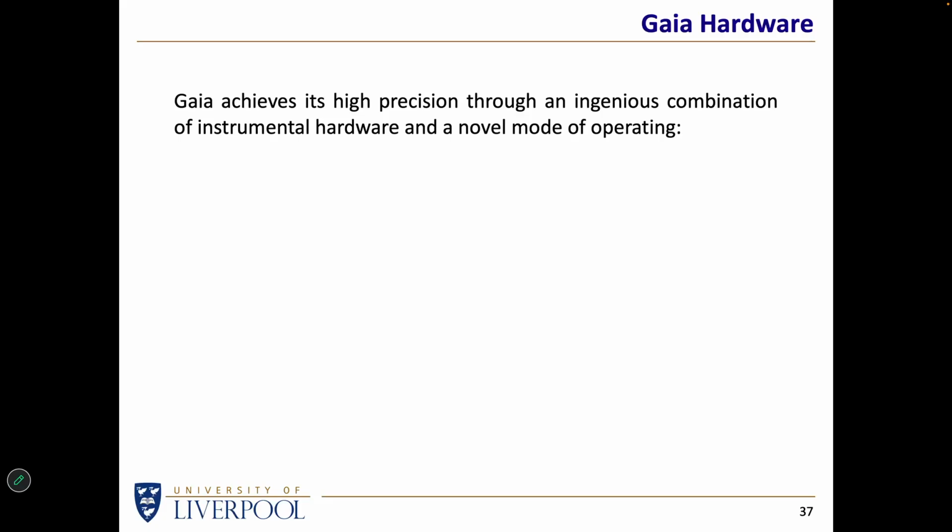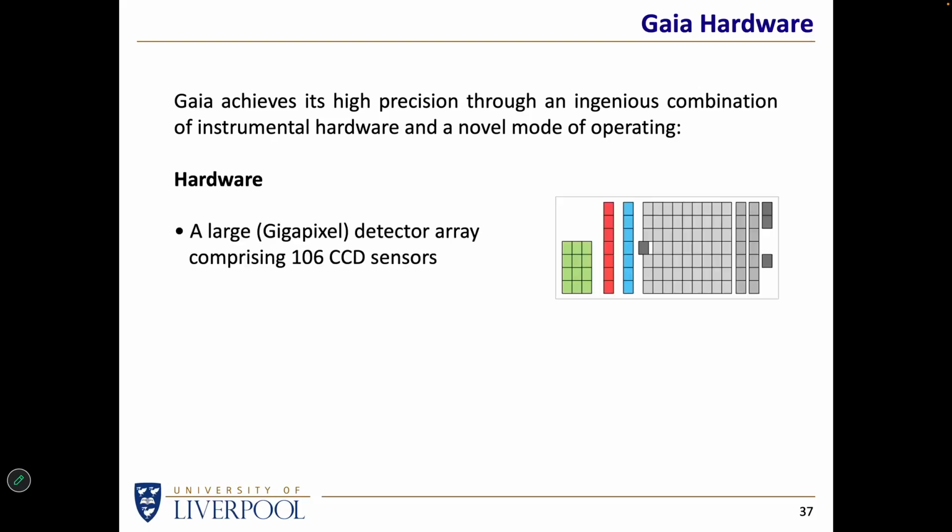So Gaia achieves its high precision not by having humongously large mirrors, but by an ingenious combination of instrumental hardware and the way that that hardware is used, the operating mode. So firstly, what hardware does it have? Well, it has a very large detector built by E2V in the UK.